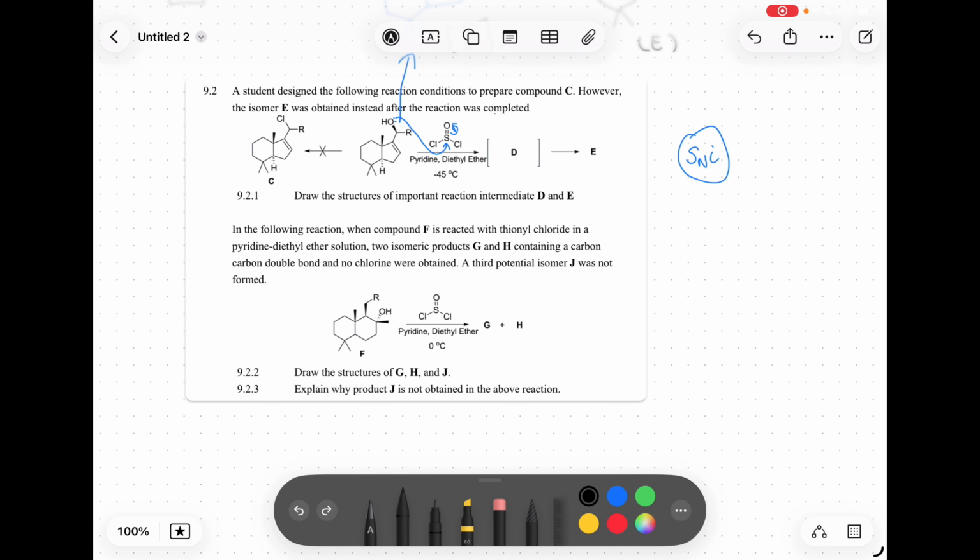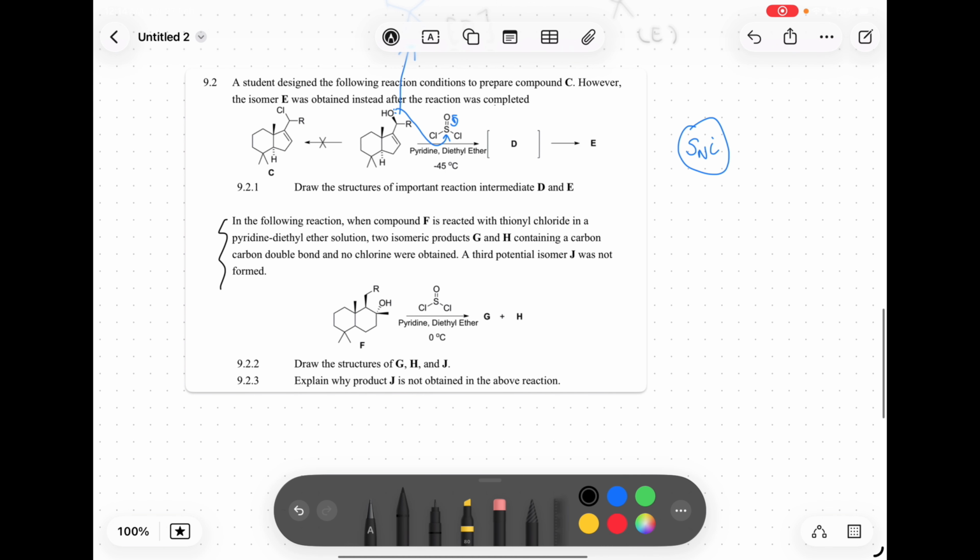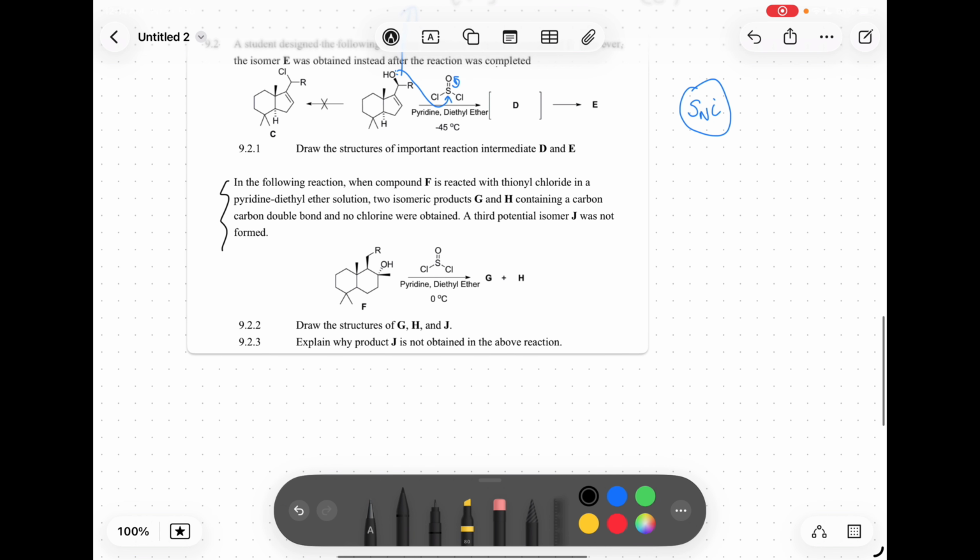Now, in the next part, in the following reaction, let's draw the 3 isomers first, because we know that the ending product will contain a carbon-carbon double bond, and we know that the group that's reacting with your SOCl2 is this alcohol group here.